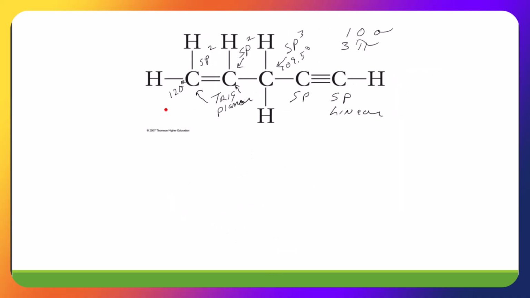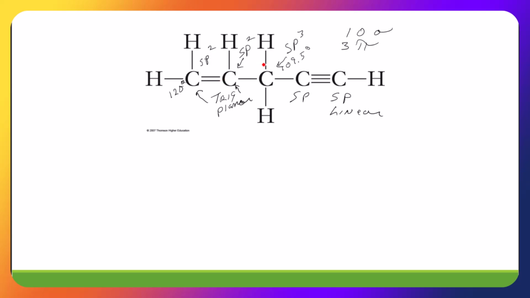All right, let's count them up. Let's do our work. So I've got 1, 2, 3 things around this carbon. That makes it trigonal planar, sp2 hybridized, 120 degree bond angles. Around this carbon, 1, 2, 3 things. So it's also trigonal planar, sp2 hybridized, 120 degree bond angles.